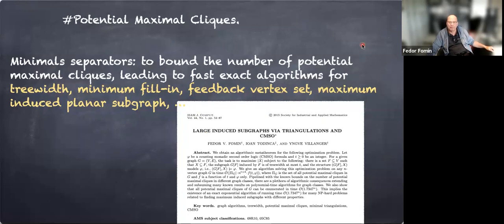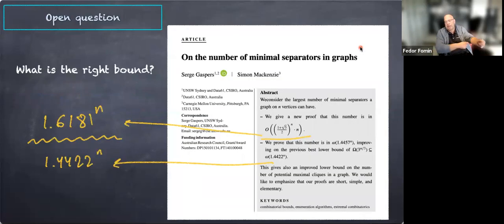So it's not a pure mathematical curiosity how many objects are in a graph. Okay, and here is an immediate open question, which is what I really like in this area of research: there are a lot of open problems which you can explain after a few minutes of talking to people, and which seem quite difficult but still quite interesting. So what do we know? I just showed you that the number of minimal separators doesn't exceed this number.